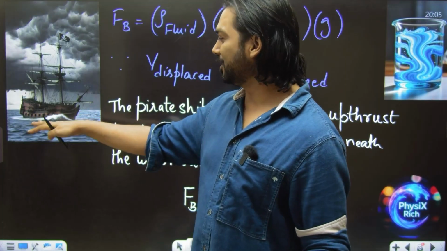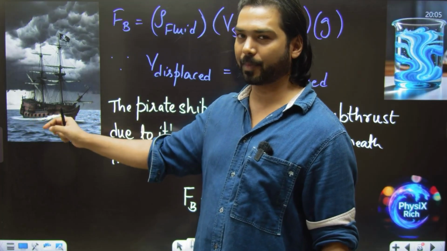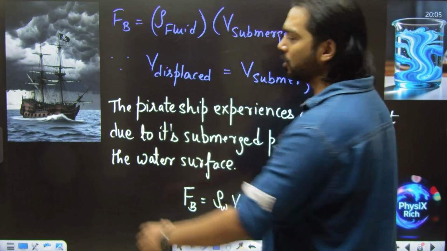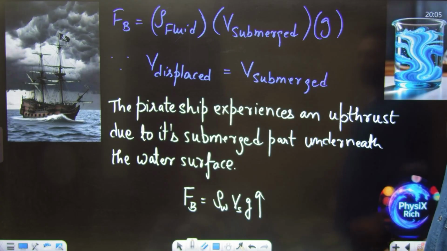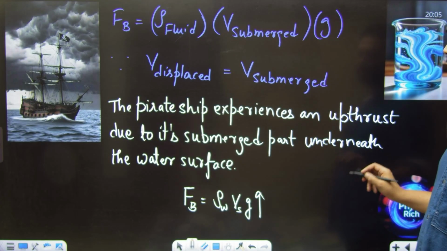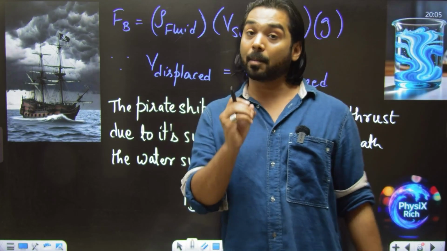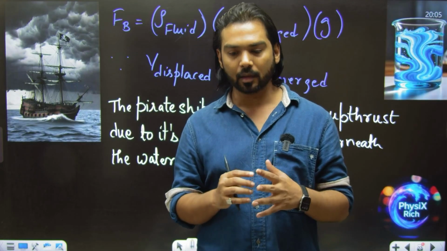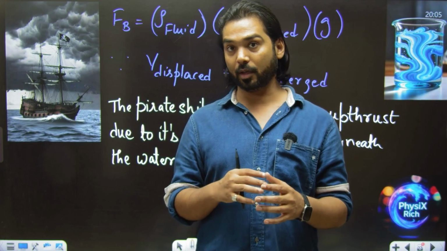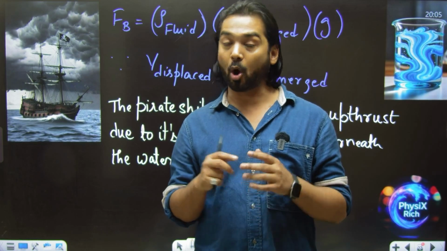So the ship is submerged. However much volume is submerged, that much volume will be displaced. And this pirate ship will experience an upthrust due to only its submerged portion. Please do not be confused. It does not experience a force equal to its own weight all the time.